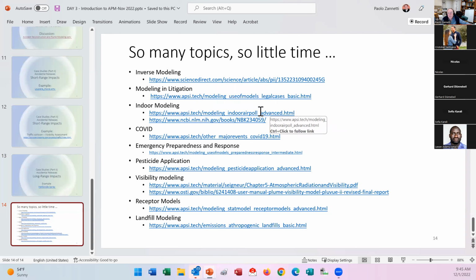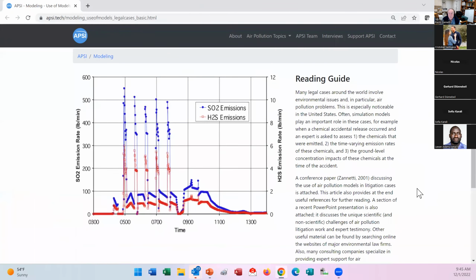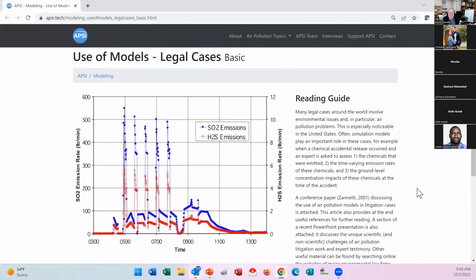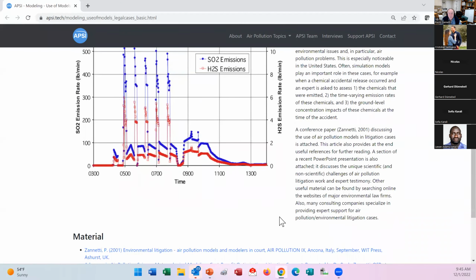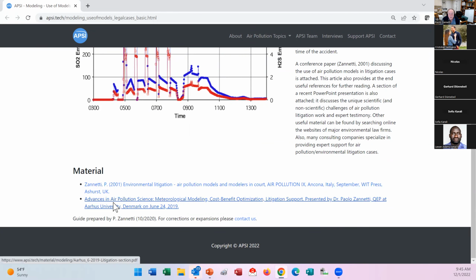Litigation modeling, we talked a lot about litigation, but here, for those of you who may be involved, I just want to point out a reading guide. I wrote a couple of articles in 2001 and 2019 on the challenges of working as a scientist in litigation.